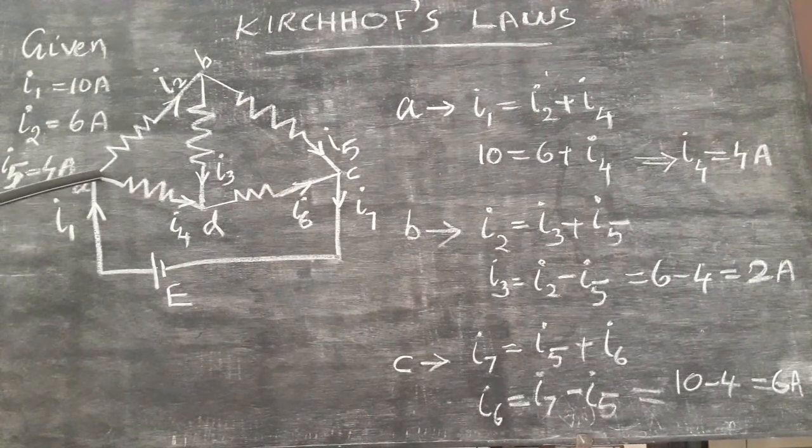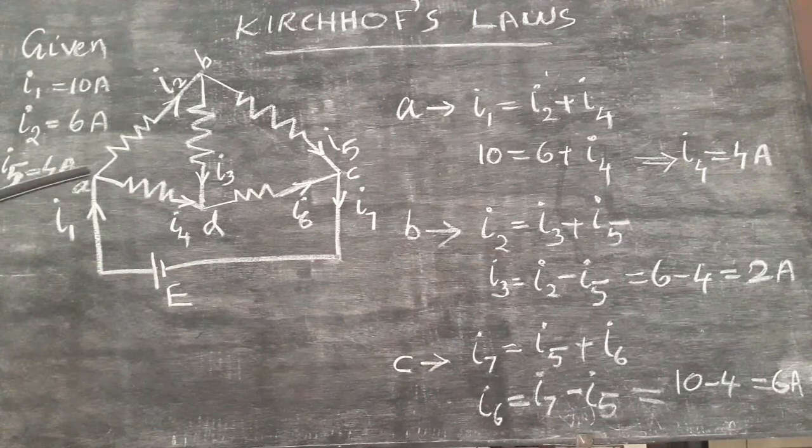Here it is a junction, junction A. In this junction, how many branches are there? 1, 2, 3. 3 branches are connected together. In this node A, current I1 is entering, currents I2 and I4 are leaving.